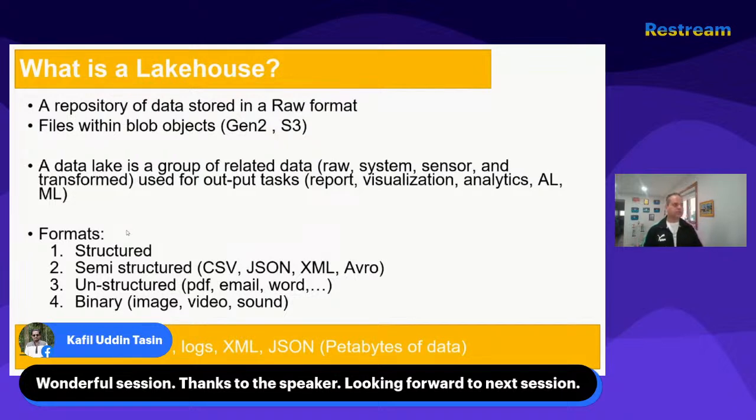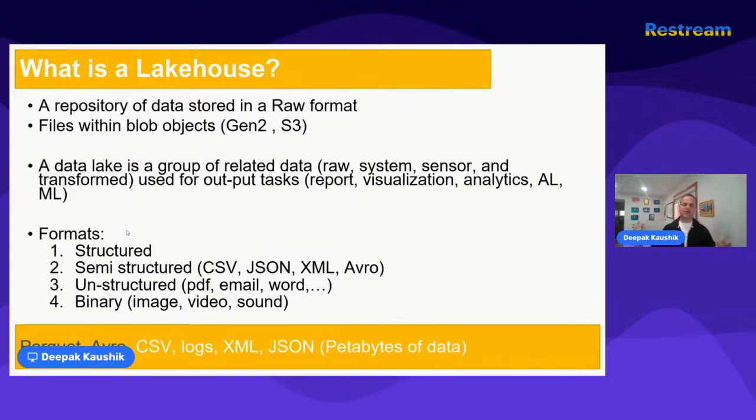So Lakehouse is a repository of data stored in raw format. And what are the formats, you could ask, Deepak, what are the formats of Lakehouse or Delta Lake? I would say it could be anything. You bring me structured data, semi-structured like CSV, JSON, unstructured data, or maybe you could bring me videos or images or sound. I don't care, or the system doesn't care. They could process all that data.